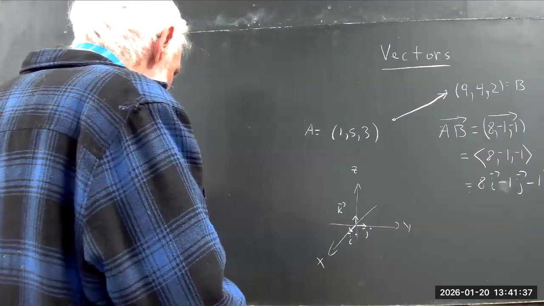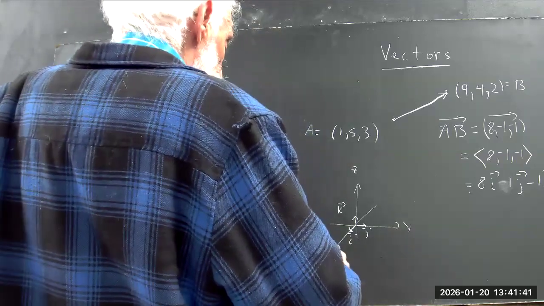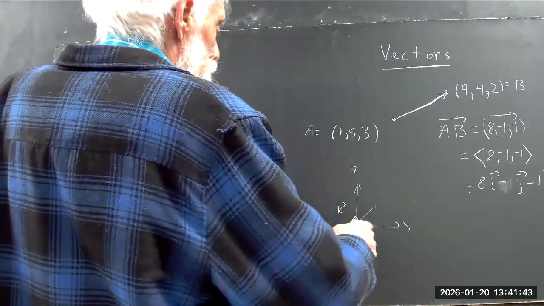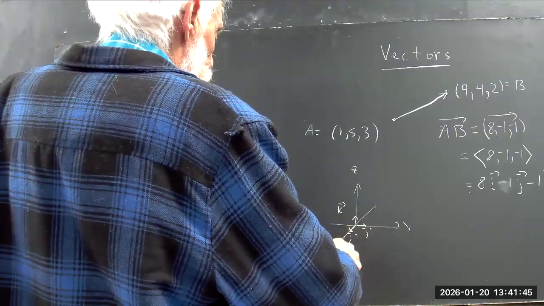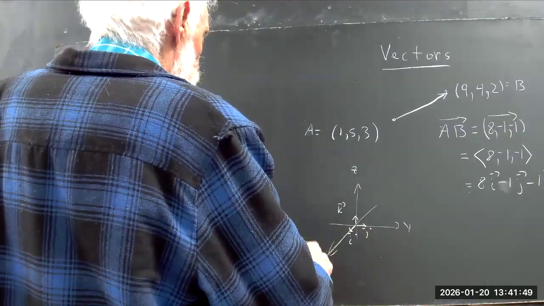So 8i would be a vector 8 times as long as the i vector. So here's 8i.